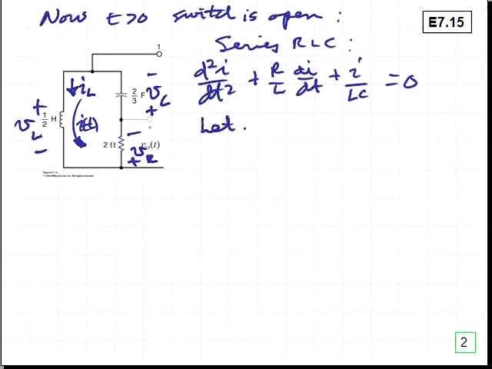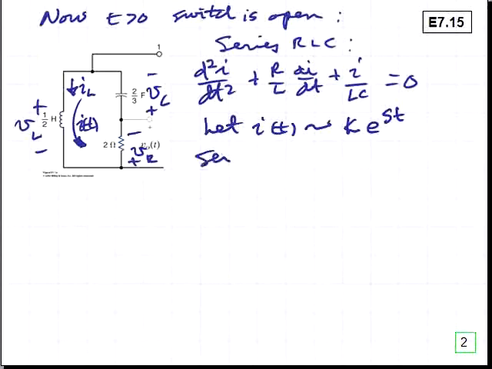So we'll let the current function of time be of the form k e to the st.